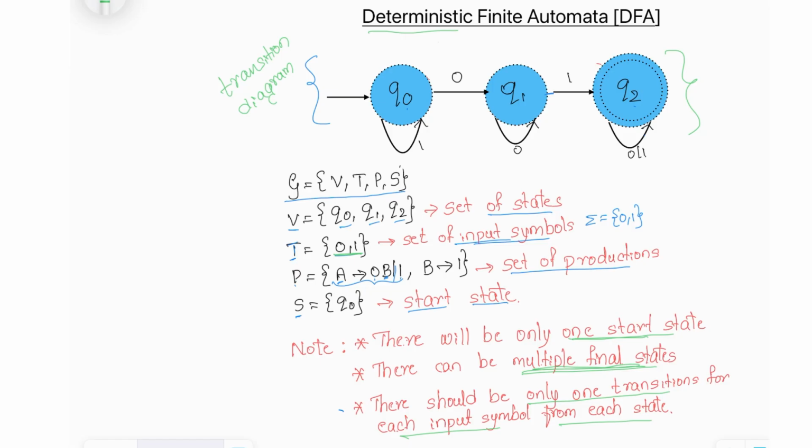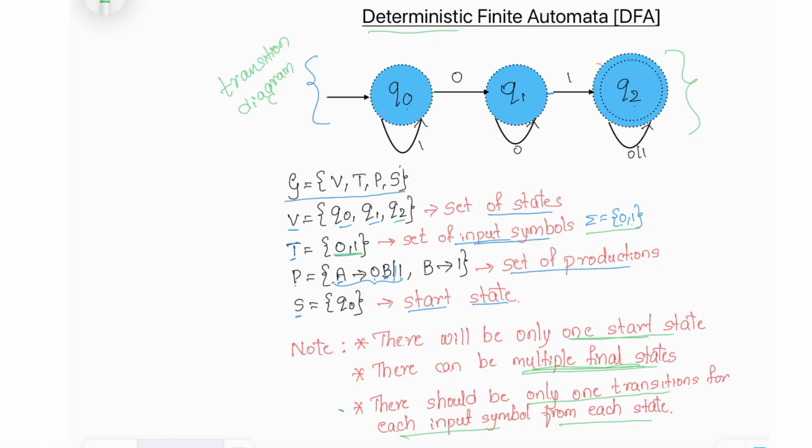We can observe from the given diagram that the set of input symbols is Σ = {0, 1}. So the possible input symbols which the DFA can accept are only 0 or 1.